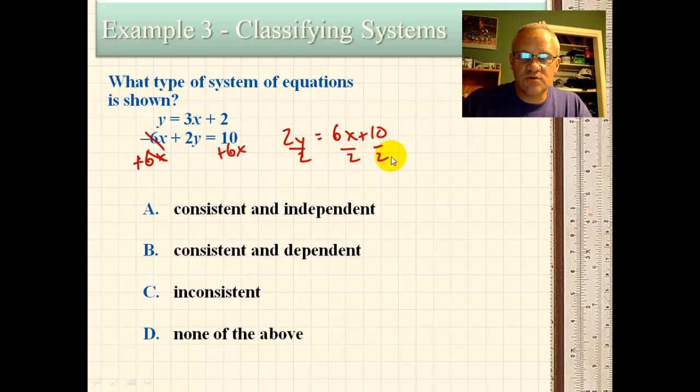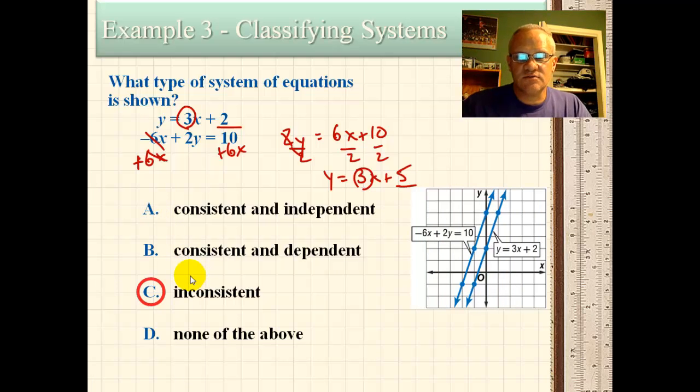Divide by 2. So y equals 3x plus 5. So here you go. Same slope, 3 and 3. And then look at the y-intercept, it's different. 2 and 5, they're different. So that means it's inconsistent, or C. And of course you can see what the graph would look like over here.